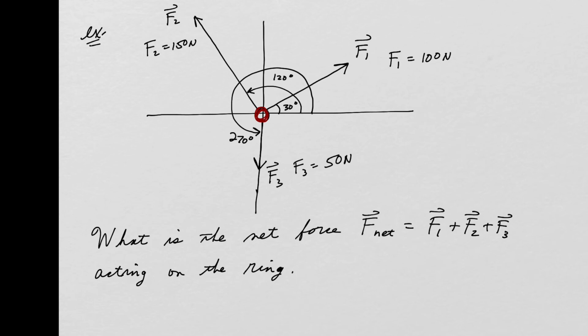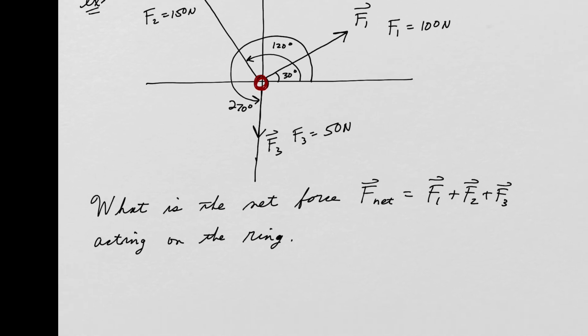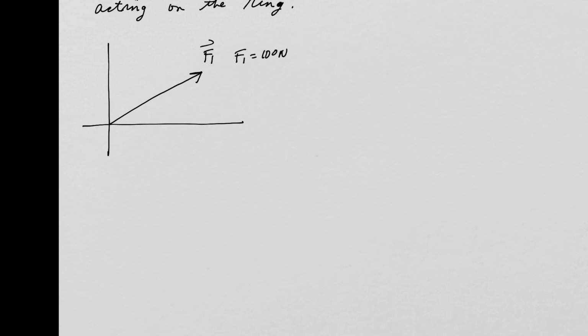Okay, so to do this, I need to find the components of each of those forces, right? Each of those vectors. So let me start with F1. I'll draw it down here. So here's F1. Remember the magnitude was 100 newtons, right? So the length of that vector is 100 newtons, and this angle is 30 degrees.